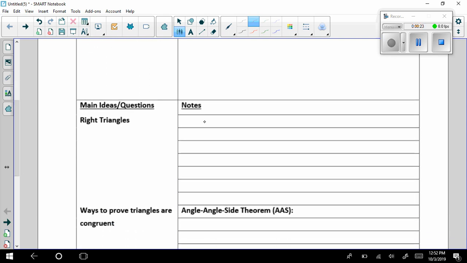So just a reminder, a right triangle is a triangle with one right angle, and the sides of the triangle that make that angle we call the legs. So this would be a leg and this would be a leg. And then the long side of that triangle across from the 90 degrees, so kind of using that as an arrow, is your hypotenuse.